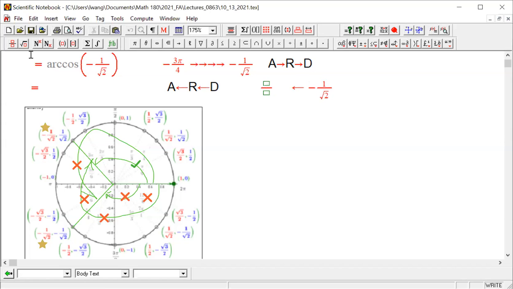And that angle, of course, is 3 pi over 4. So this is what I meant: ARD, DRA. Do you understand now? So the answer is 3 pi over 4.